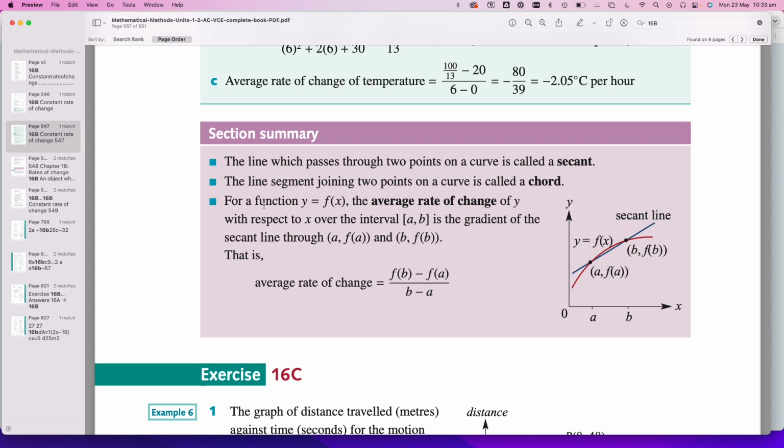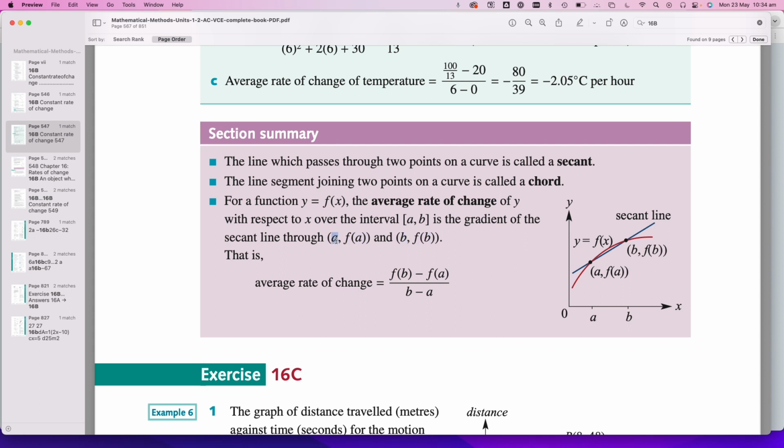And it says here, for a function, the average rate of change with respect to x over the interval a, b, that means from a including a to b including b, is the gradient of the secant line. In other words, we can use our gradient formula through, these are coordinates now, not intervals, through a, comma, f of a, I just talked about that a second ago, and b, comma, f of b.